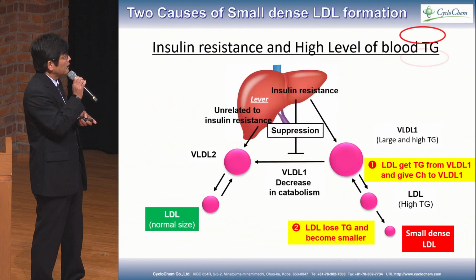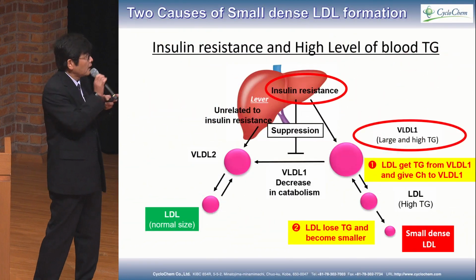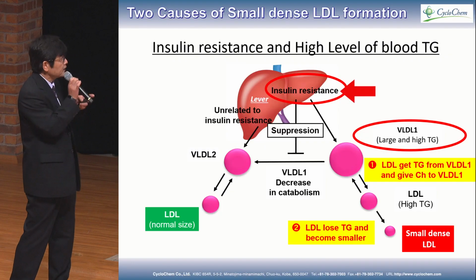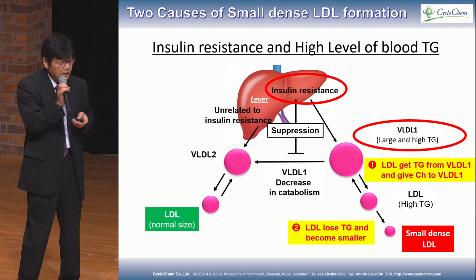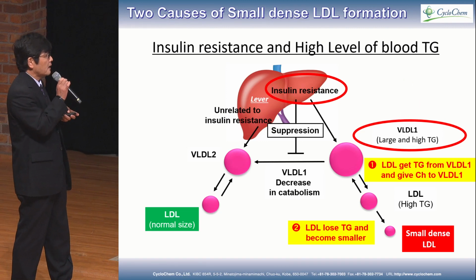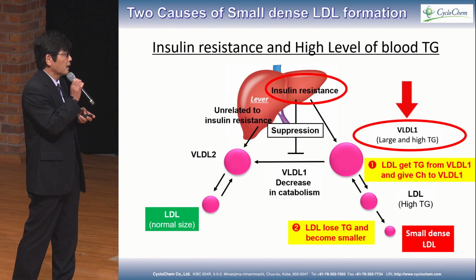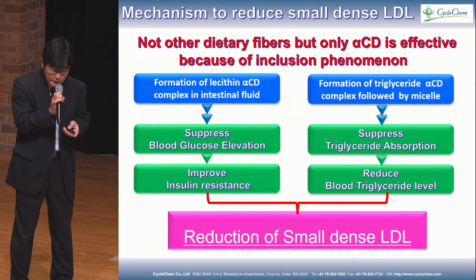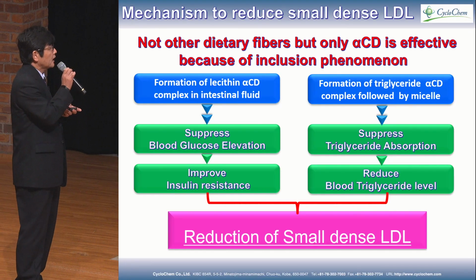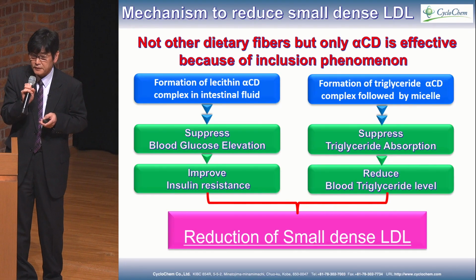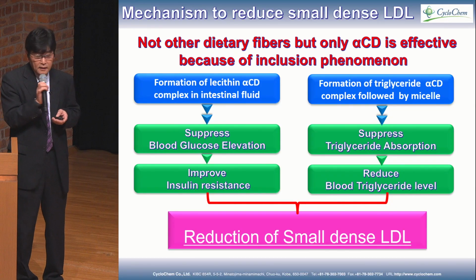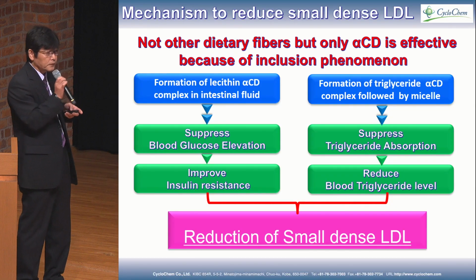There are two causes for the formation of small dense LDL: insulin resistance and also a large amount of high triglyceride. As you can see, there is no other dietary fiber, only alpha-cyclodextrin is effective because of the inclusion phenomenon.